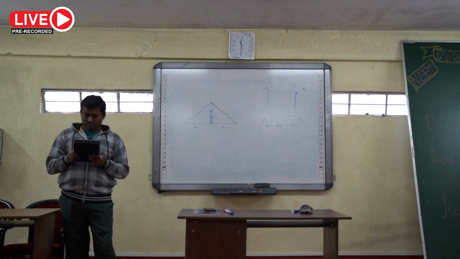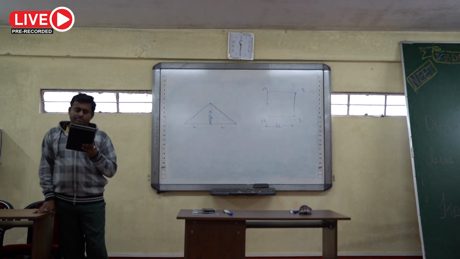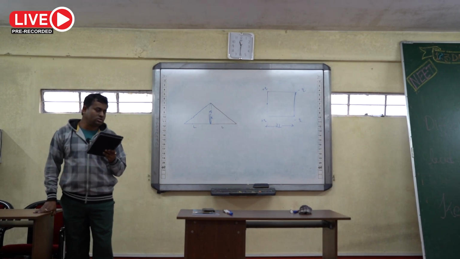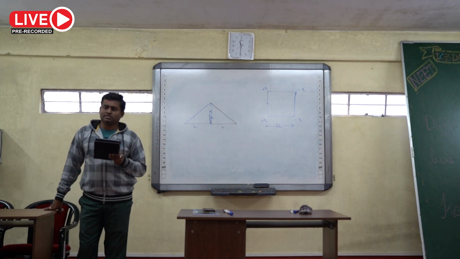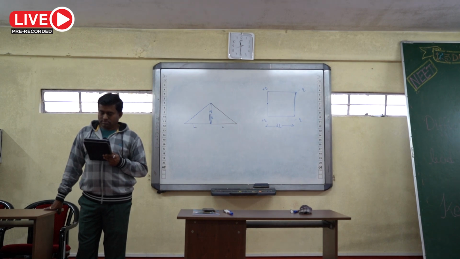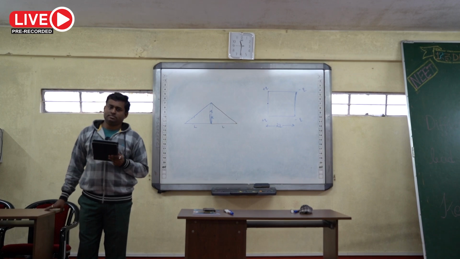Options. Option A, 1 by 4 pi epsilon naught 2Q by L bracket 1 plus 1 by root 5.